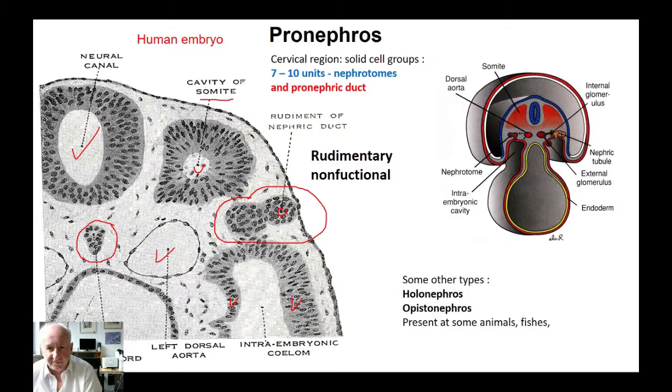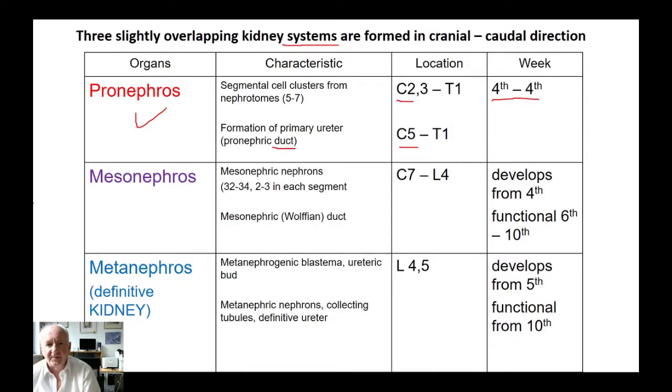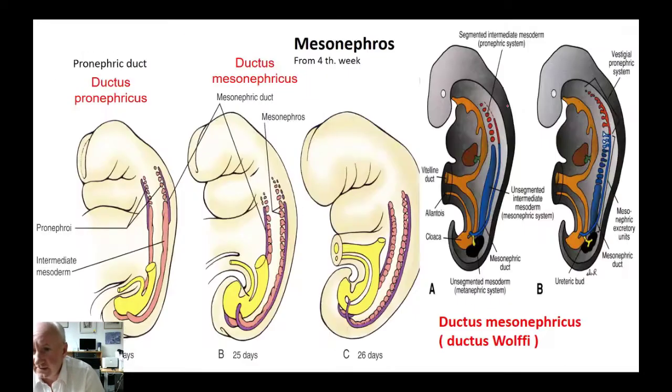So the first system is pronephros, developing for a very short time. It will completely vanish. For a human, it's nothing important for the definitive kidney, nor for the genital system. So this is such a first system developing very early, very cranially, and will completely vanish, as you see on this picture.